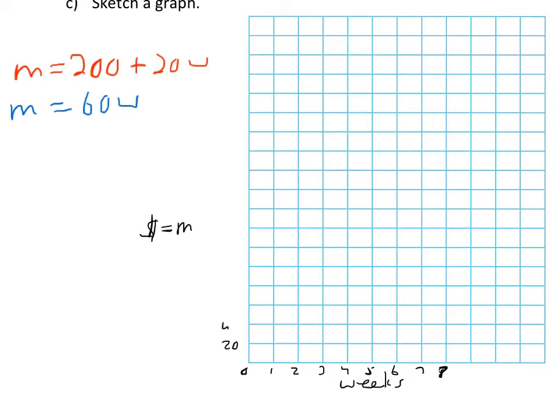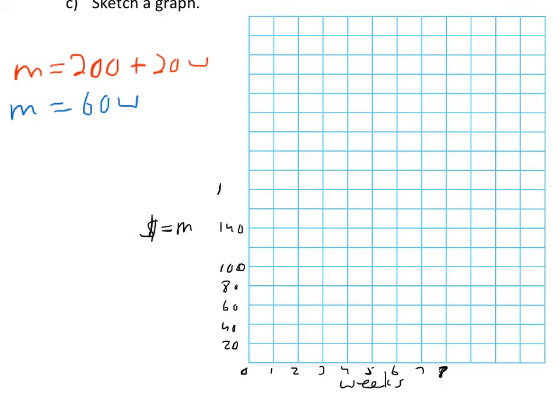So 20, 40, 60, 80, 100, and then I'm still going by 20s: 120, 140, 160. Just making sure I got these right here.